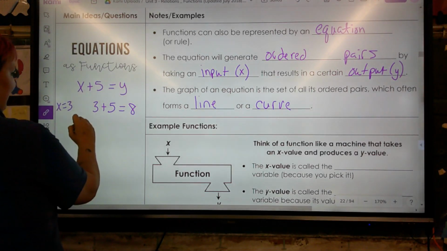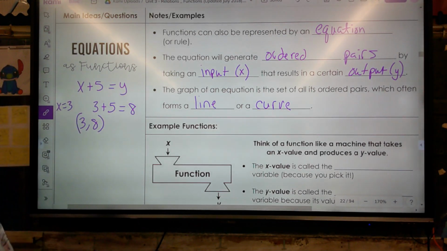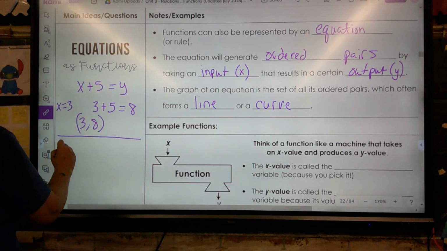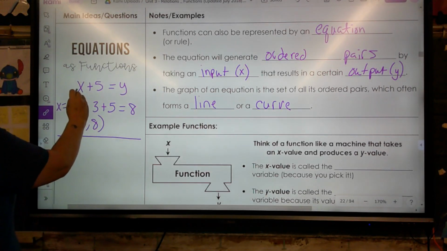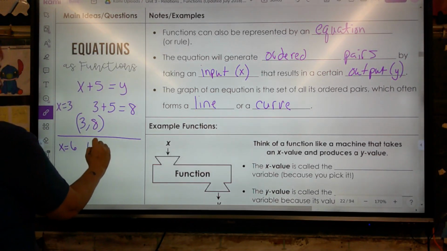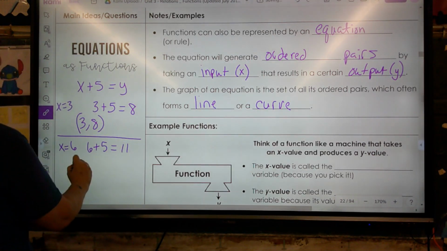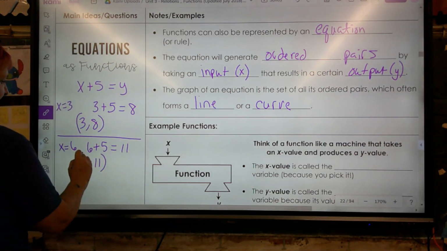So when x is 3, y is 8. That's an ordered pair, right? So what if I said x equals 6? It's going to be 6 plus 5 equals 11, which means that when x is 6, y is 11.